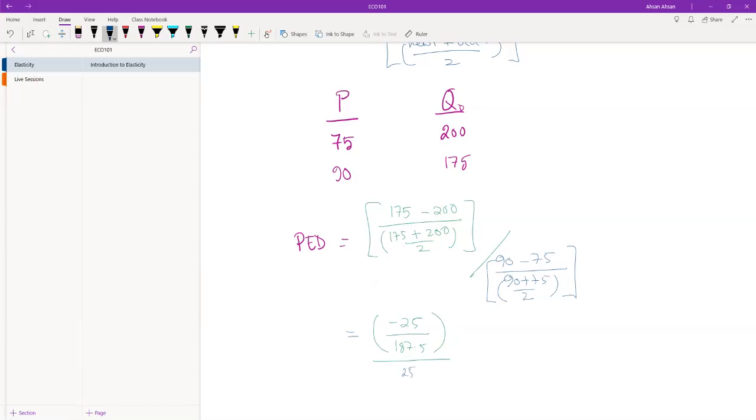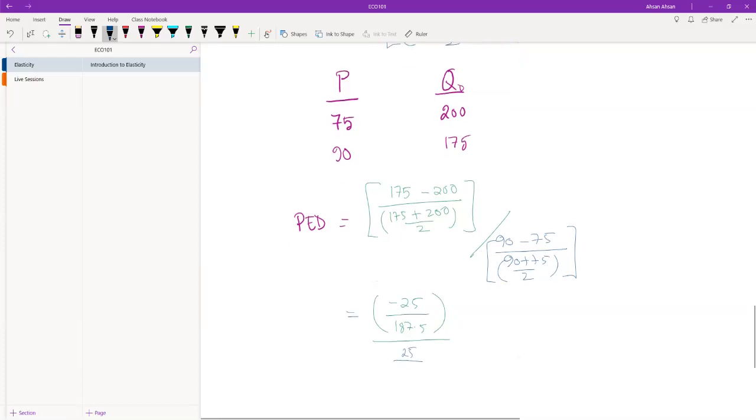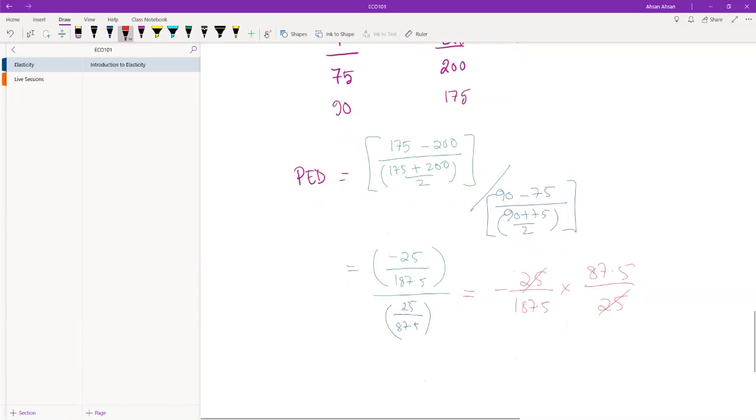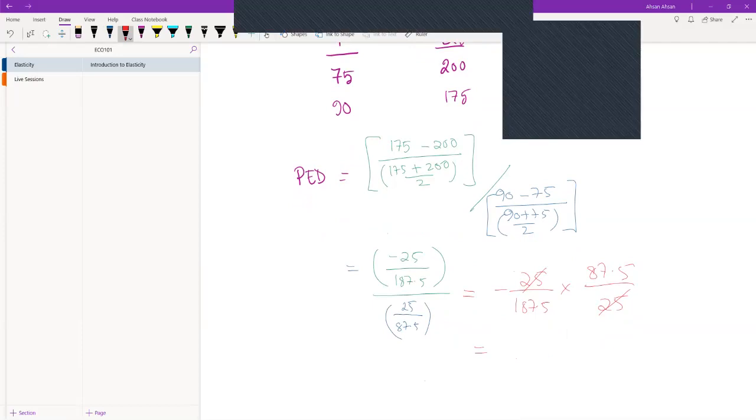So we have 15 divided by, how much does this give us? 87.5. So if we just simplify this a bit, we have minus 25 by 187.5. If you have a calculator, you can just plug this in and see what you get. So what we have is minus 25 over 187.5, divided by 15 over 82.5.